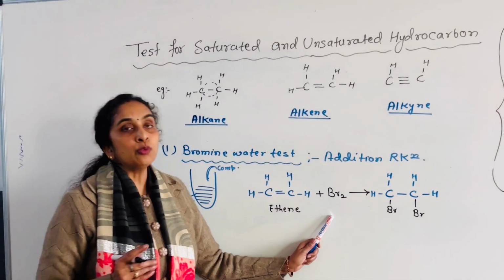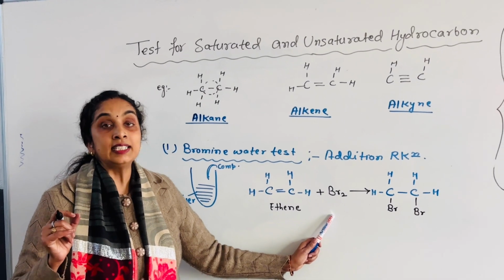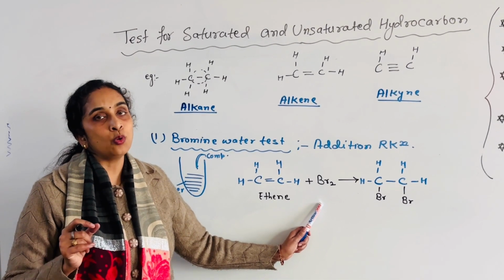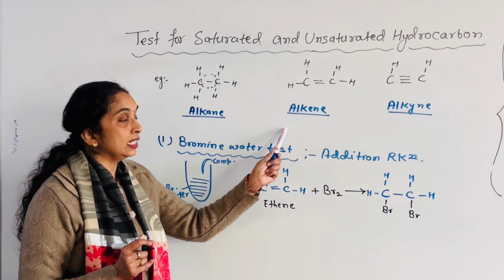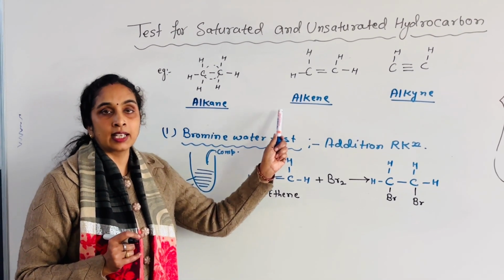So the brown color of bromine is decolorized. This is how we can differentiate alkane from alkene, ethane from ethene.